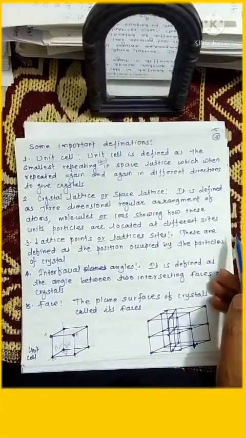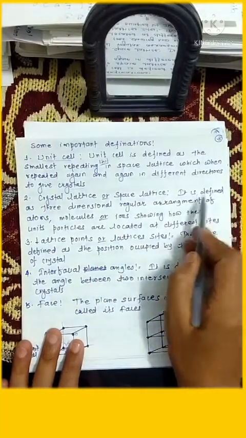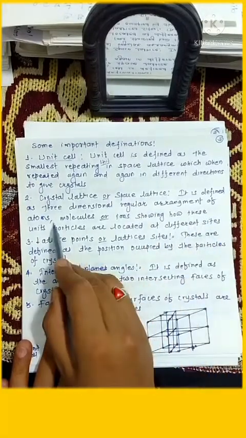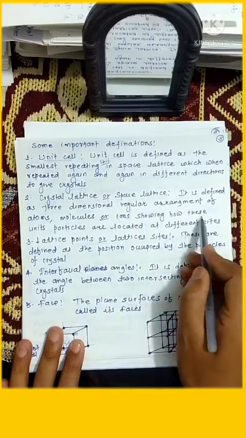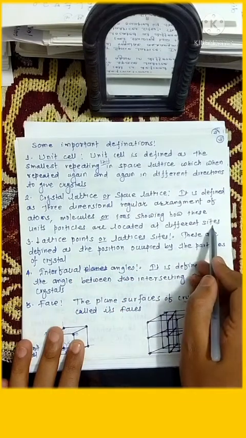The extension of the unit cell in three dimensions is generally known as crystal lattice or space lattice. It is defined as a three-dimensional regular arrangement of atoms, ions or molecules, showing how these unit particles are located at different sites.